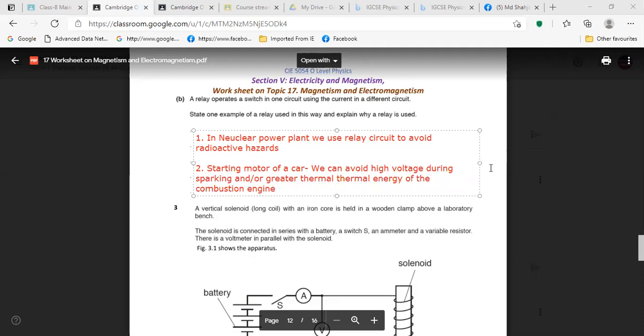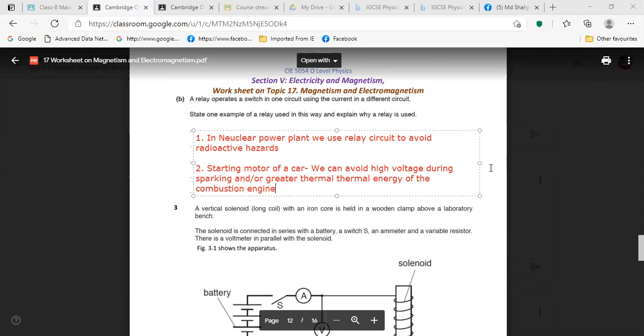Okay, have you understood now why we are using the relay circuit? Yes, sir. And also we got one example in the MCQ part, where you got one example of relay circuit, that is for intruder alarms.